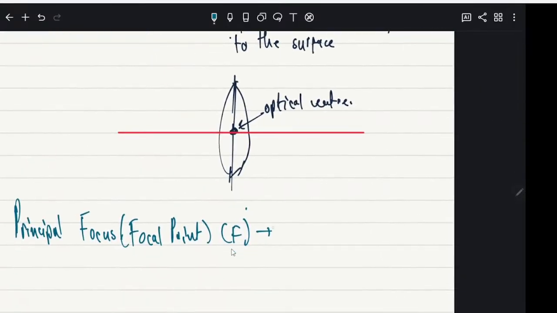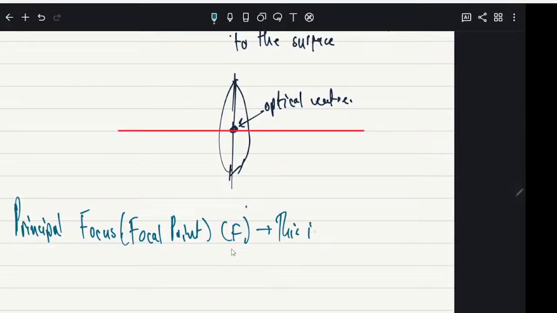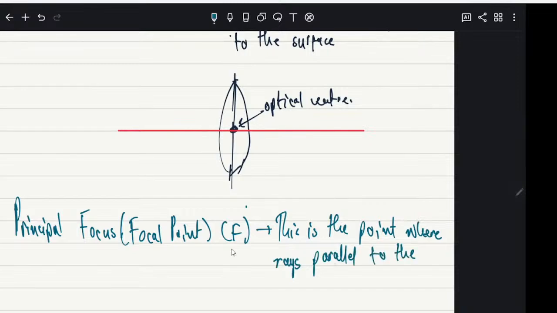This is the point where rays parallel to the principal axis converge.